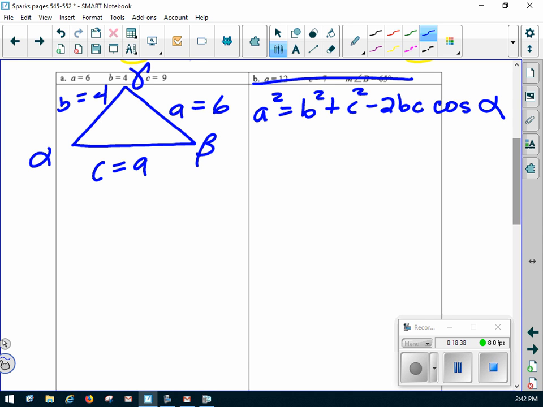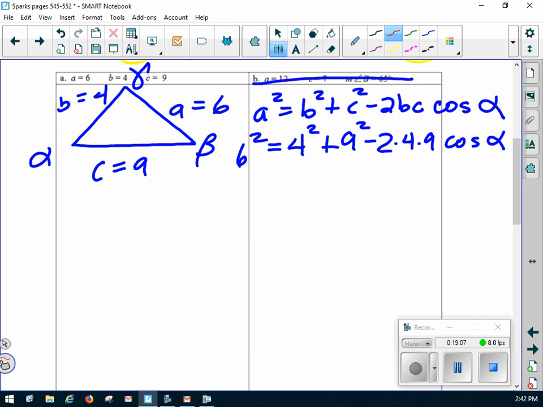We're going to plug in what we know. 6 squared equals 4 squared plus 9 squared minus 2 times 4 times 9 times the cosine of alpha. Are you okay? Good. 36 equals 16 plus 81 minus 72 cosine alpha.